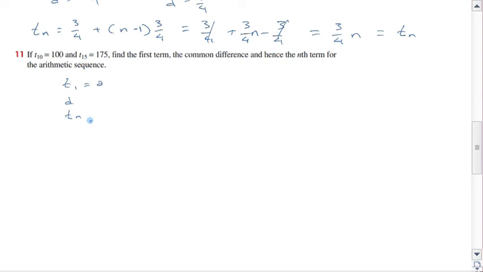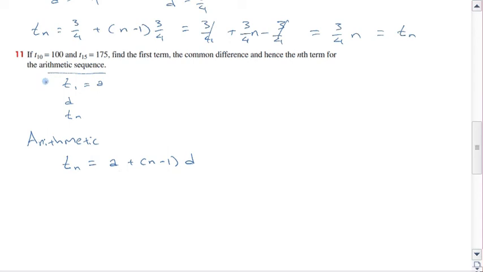Okay, so let's think about this. So it's arithmetic, right? We're told that it's an arithmetic sequence, so we know that it's going to follow this equation, right? Tn is going to be equal to a plus n minus 1 times d.